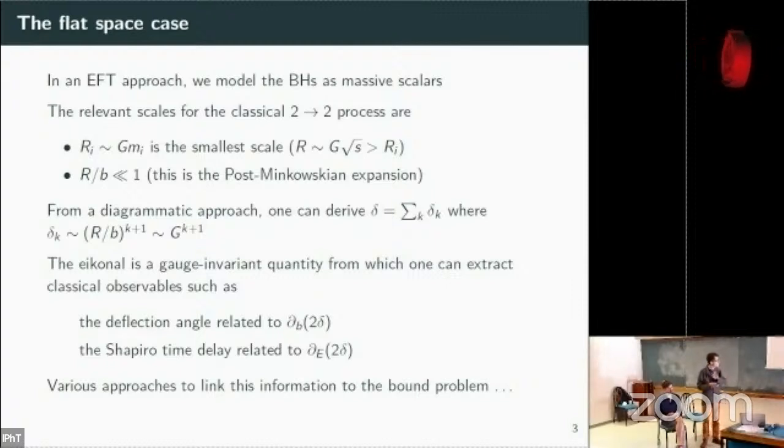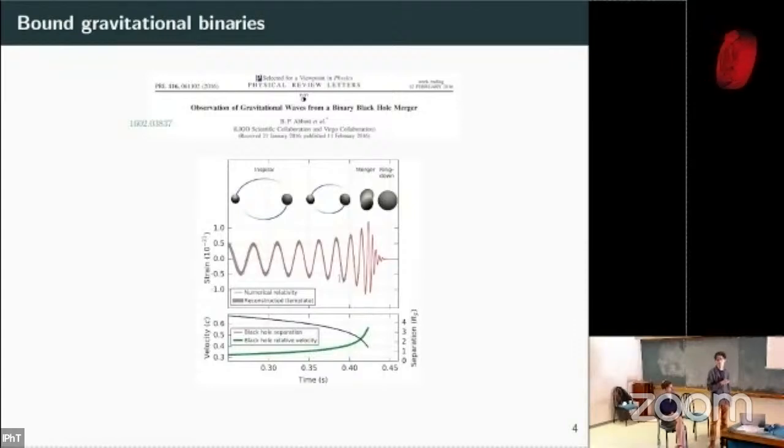Now let me just have two quick slides saying why this problem has been investigated very thoroughly in the last 4 or 5 years. Yeah, maybe even 3-4 years. And the reason is that even if this is a scattering problem, there is a nice link to the bound problem, right? So the bound problem is this one.